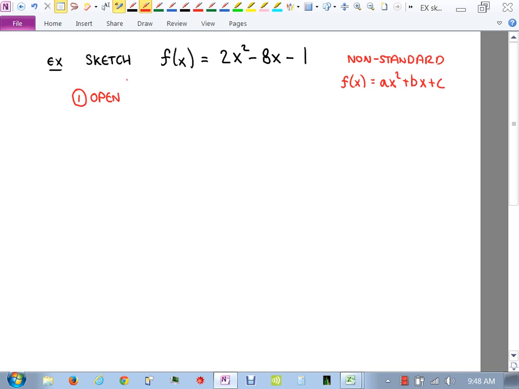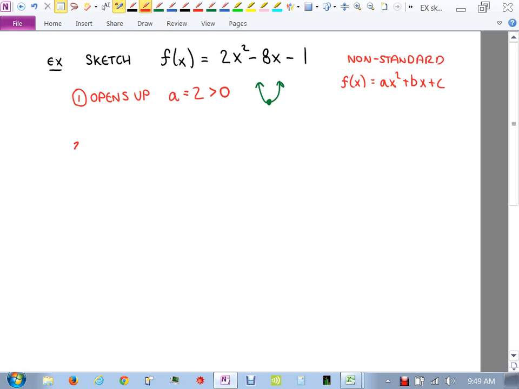Okay, opens up because a is 2 in this problem, and that's positive. So that means our parabola will open up, which means our vertex will be the lowest point on the graph. Is that okay? Most people get that on the test without fail.